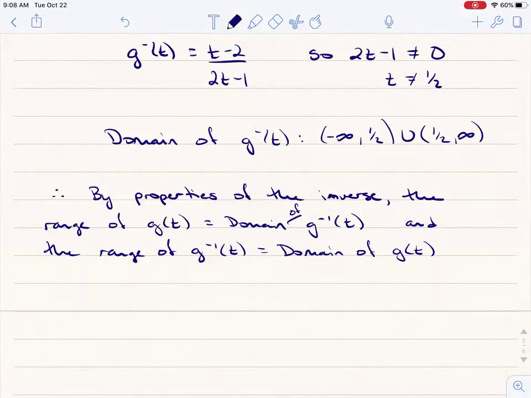So you really only have to find the domains, and then you'll have the ranges. But you have to find the domain of the original and the inverse, and then you'll have the ranges.